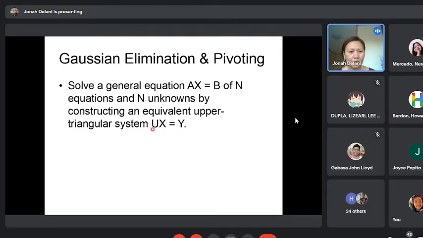However, this U is an upper triangular matrix. Example of an upper triangular matrix is when the upper part of the matrix has elements, the lower part has 0. So, a 3 by 3 upper triangular matrix would look like this.